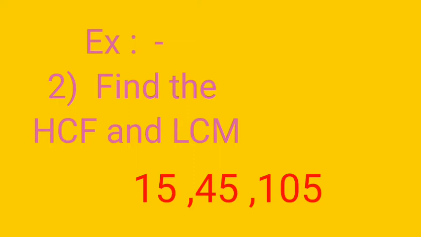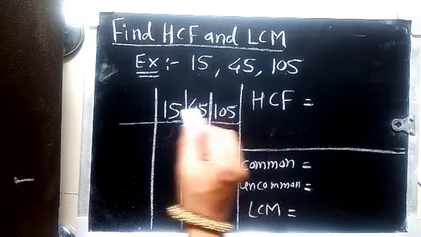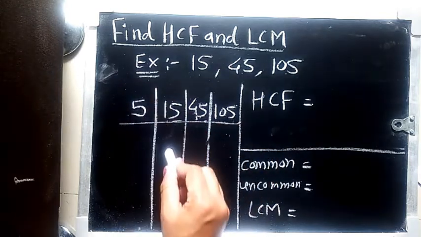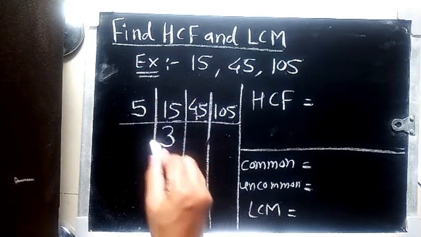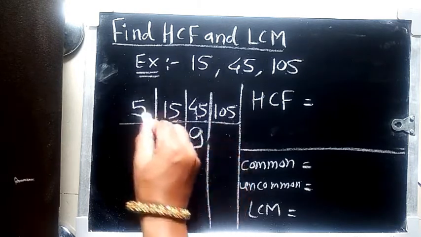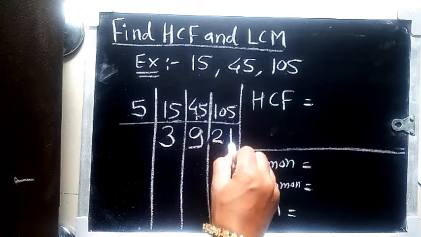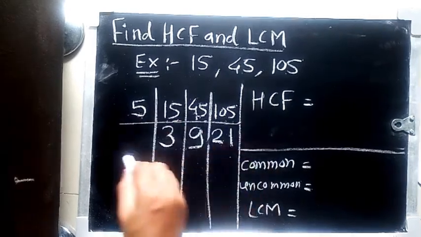Next example is find the HCF and LCM. Example 15, 45 and 105. Find by vertical arrangement. Write down three numbers 15, 45 and 105, divided by 5. 5 threes are 15, 5 nines are 45, 5 twos are 10 and 5 ones are 5, that is 105.